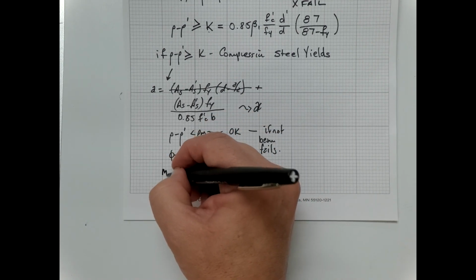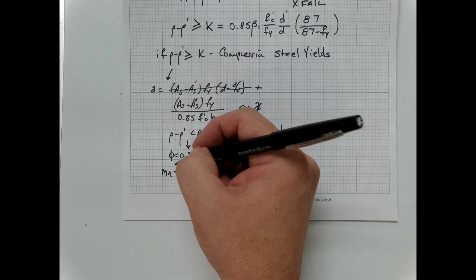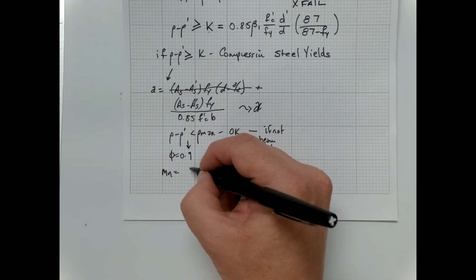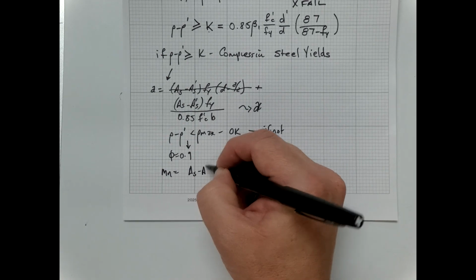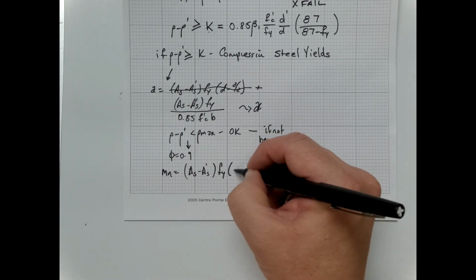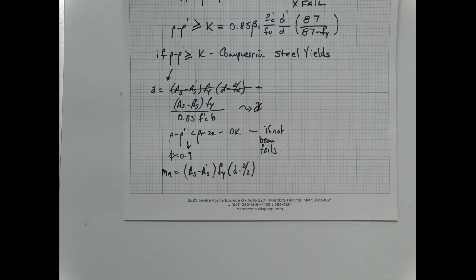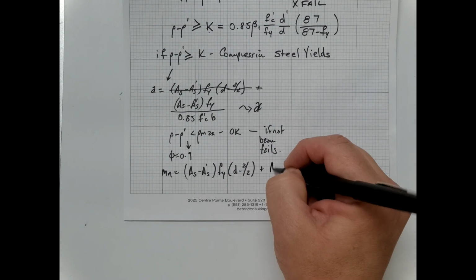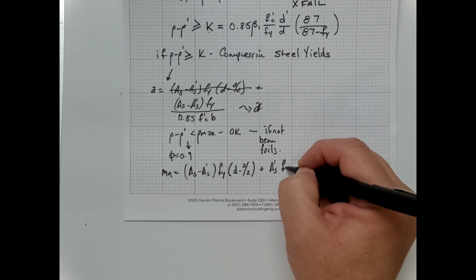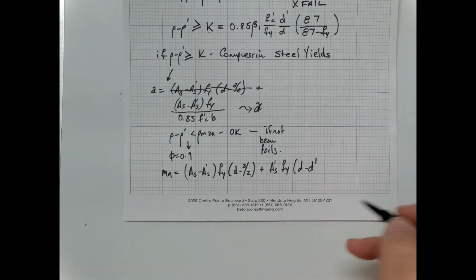And our moment is equal to A S minus A prime S, F sub y, D minus A over 2, plus A prime S, F sub y, D minus D prime.